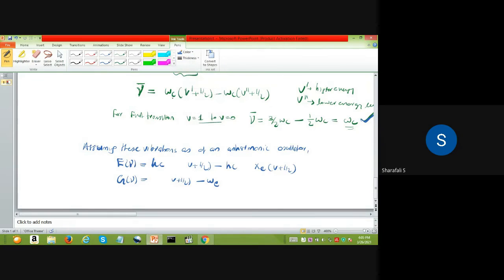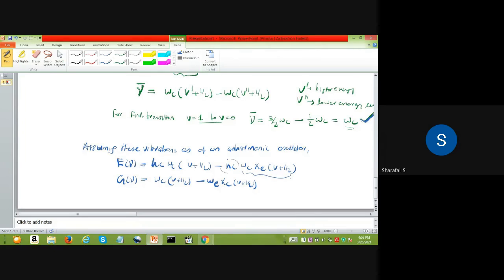So this is omega C times V plus half, minus omega C xC times V plus half squared. Only this term is additional here.